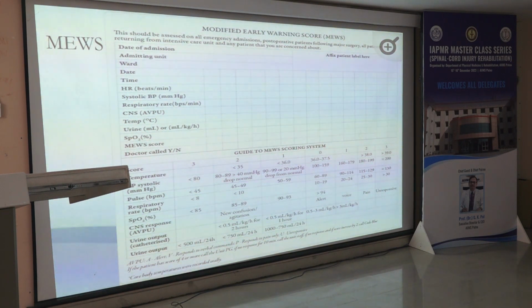If it is hypertension with tachycardia, most likely the patient is going into shock. It may be a different type of shock. Then you check whether the patient is hypoxic or not. If the patient is hypoxic, then probably the cause is pulmonary.